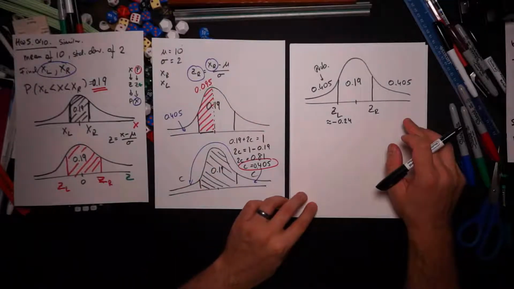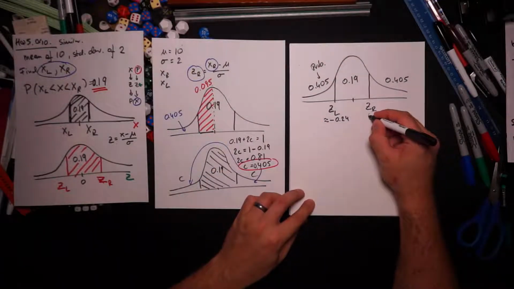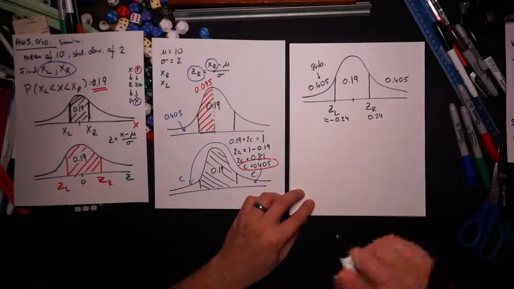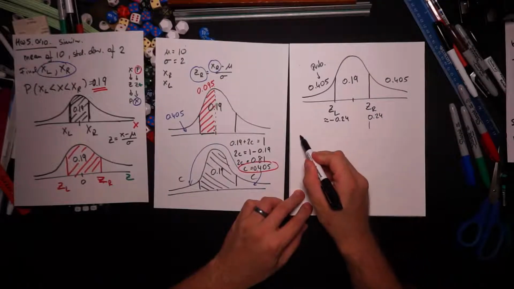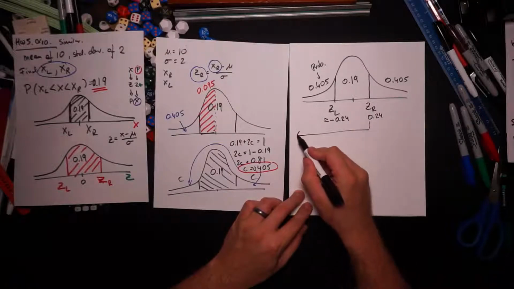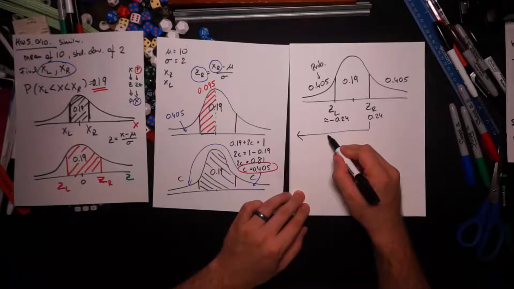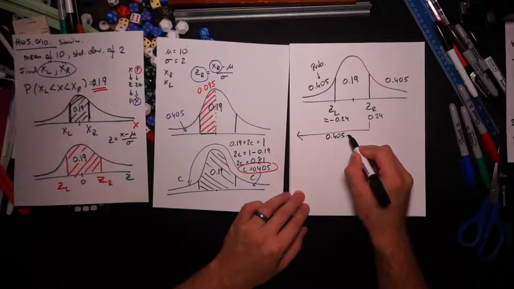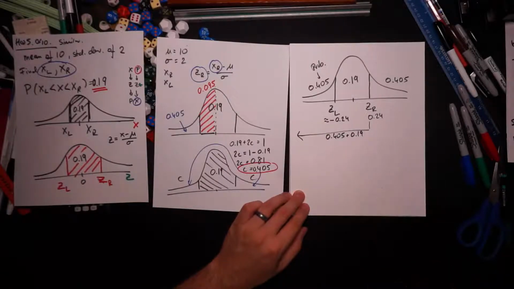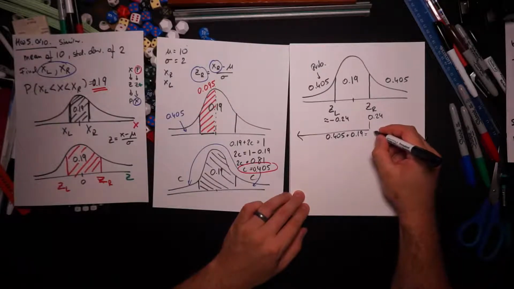How do we find this one? Well, because it's symmetric, it's 0.24, or we can look up this probability. How big is this probability? It's 0.405 plus 0.19, so together that's 0.595.